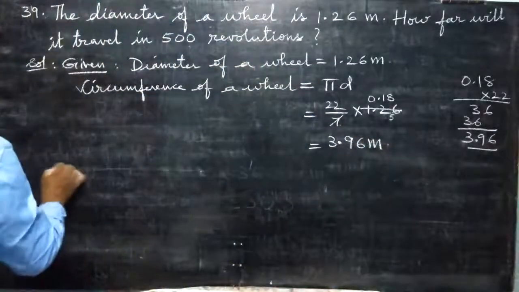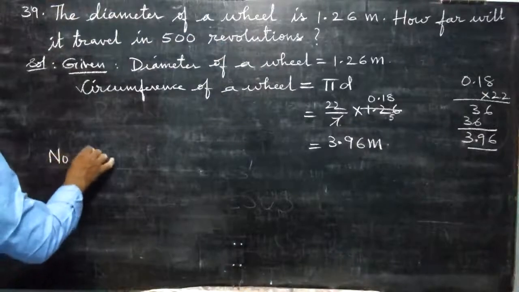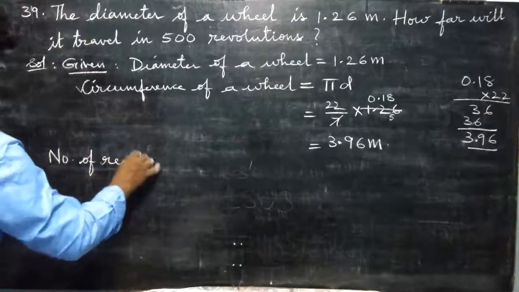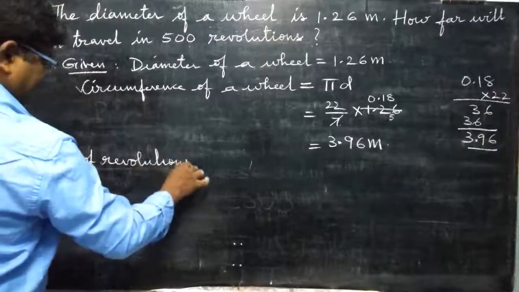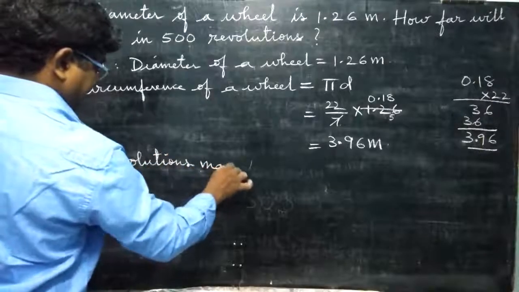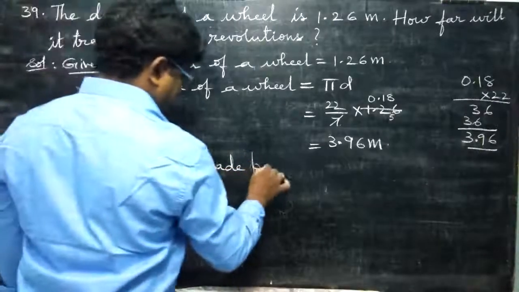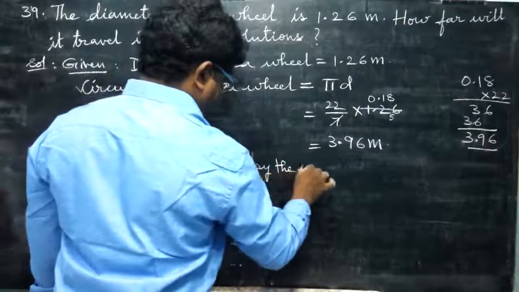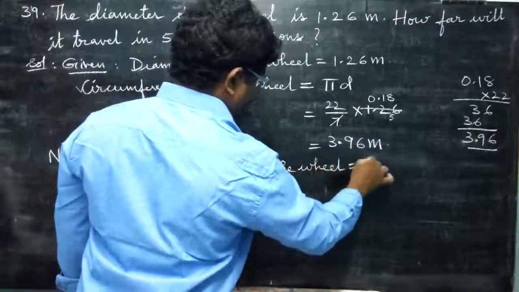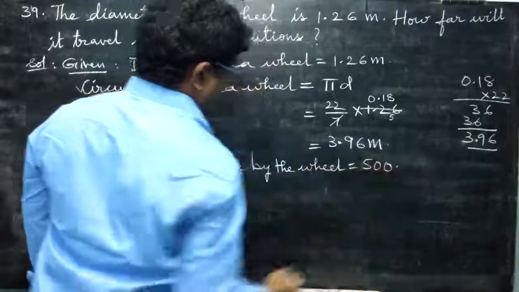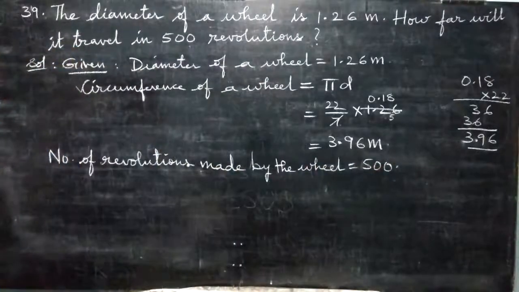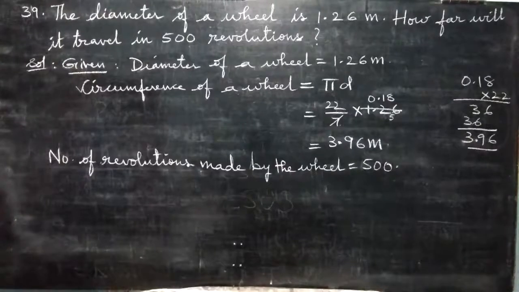Now the number of revolutions made by the wheel. How much? 500 rotations or revolutions. Now what is the formula? Write the formula clearly.